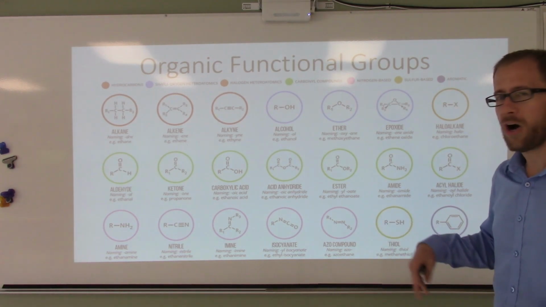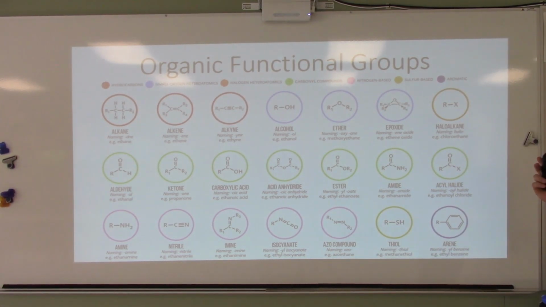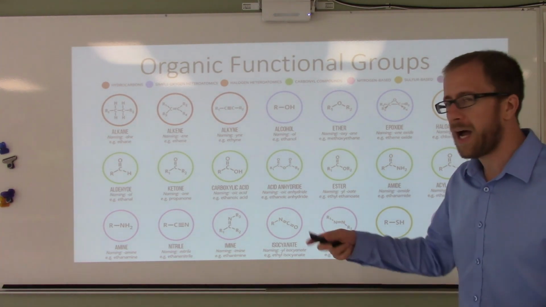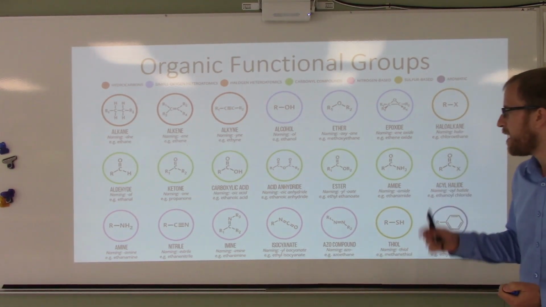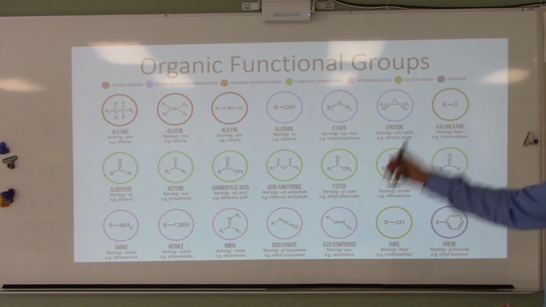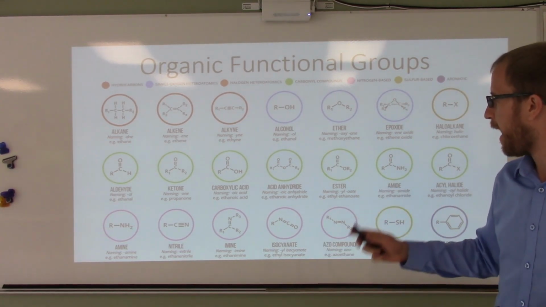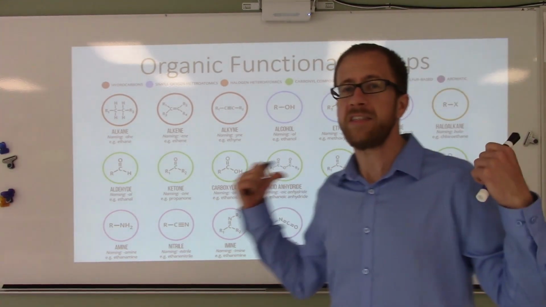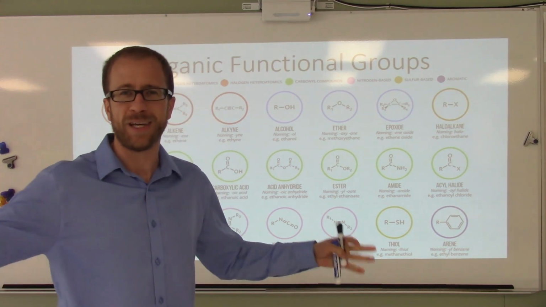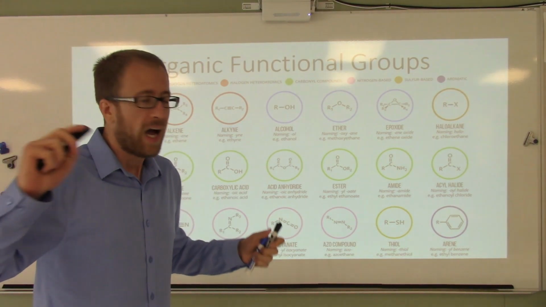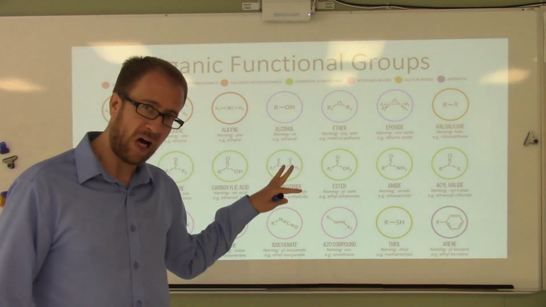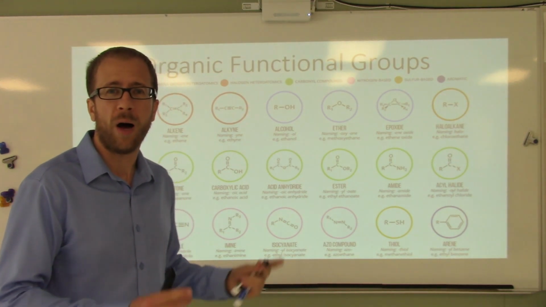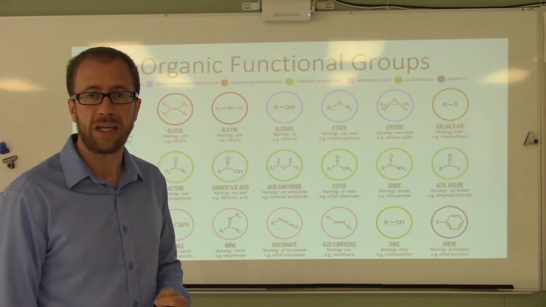You have alcohols, ethers, epoxides, haloalkanes, aka your halogens as substituent groups, aldehydes, ketones, carboxylic acids, acid anhydrides, esters, amides, acyl halides, amines, nitriles, imines, isocyanates, azo compounds, thiols, arenes. And this is just a small subset of the entire list. So we are only going to sample a couple of these right now. You won't really learn more about them until you take organic chemistry at a university level.